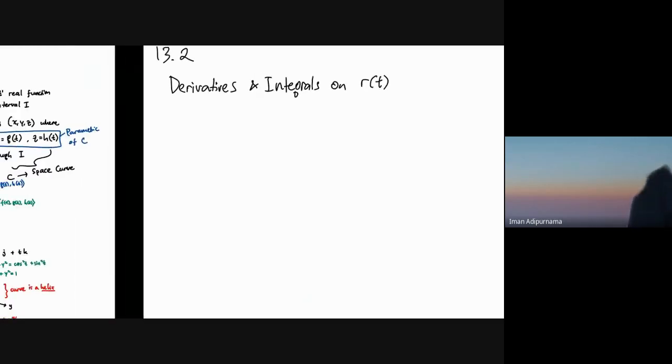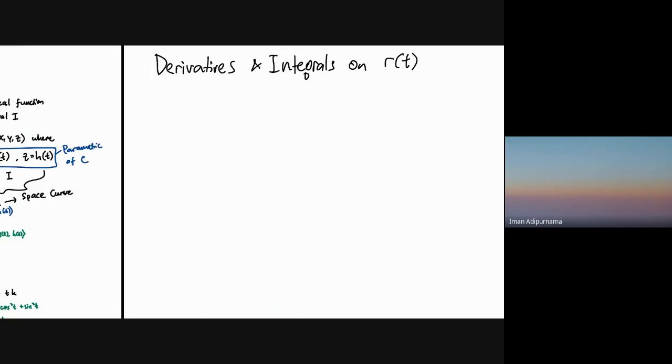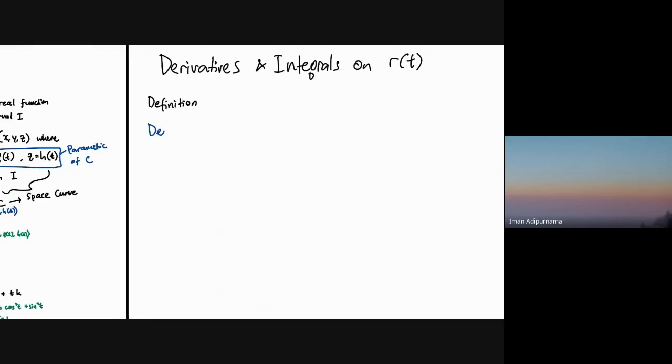Okay, maybe I need to write the definition. So this is the derivative.